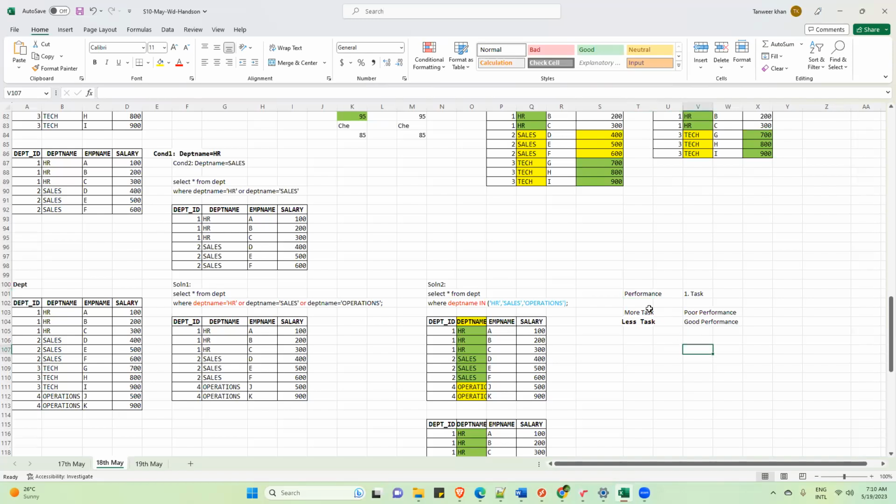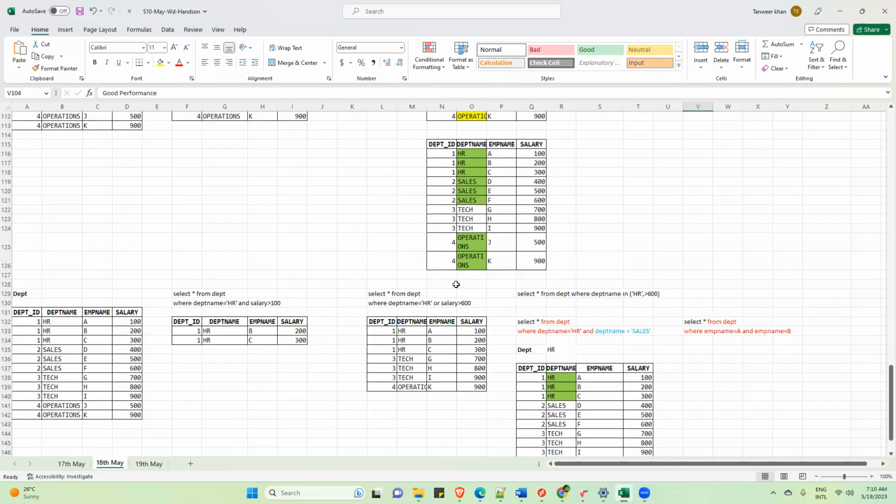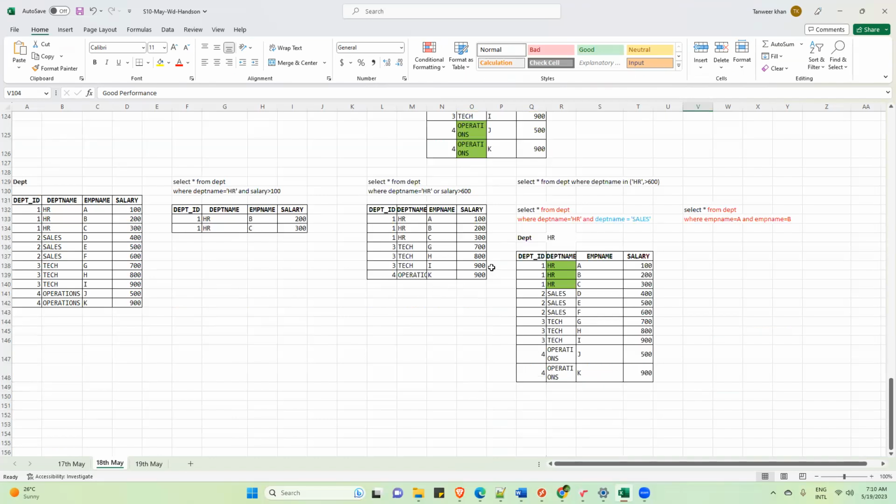If there are more tasks, the performance will be poor. If there are fewer tasks, the performance will be good. So you have to understand from the query in which query the engine has to perform more tasks or in which query the engine has to perform fewer tasks. Okay. So this is what we discussed yesterday.